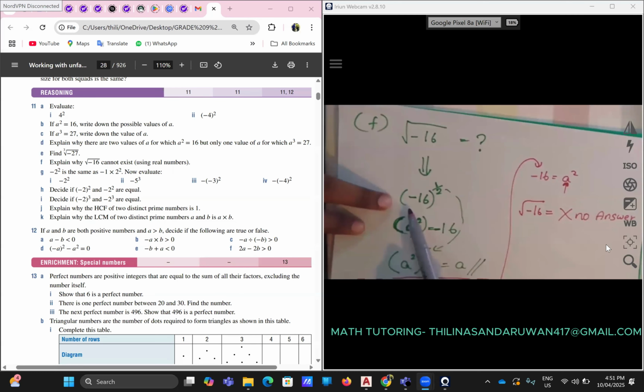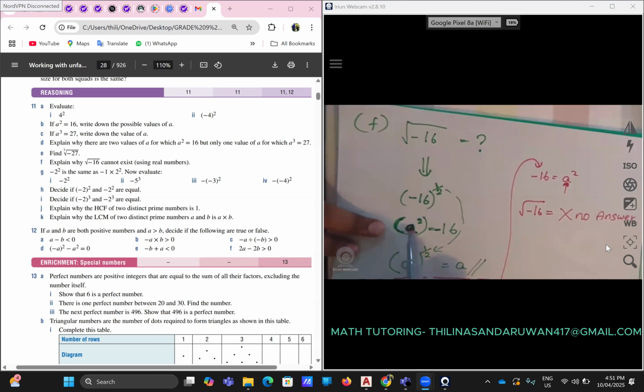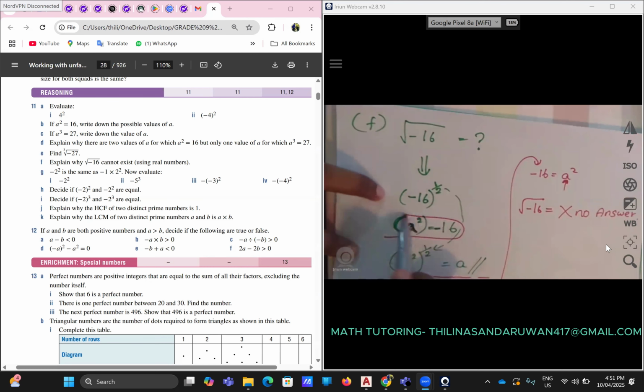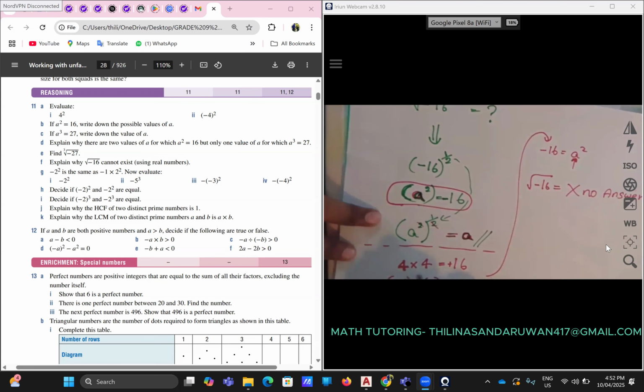We can write it down like this: minus 16 within a bracket to the power of 1 over 2, and we should try to write this minus 16 as A to the power of 2, within brackets, to the power of 1 over 2. Then we can cancel these 2's, and the answer is simply A. So we should find A for minus 16.